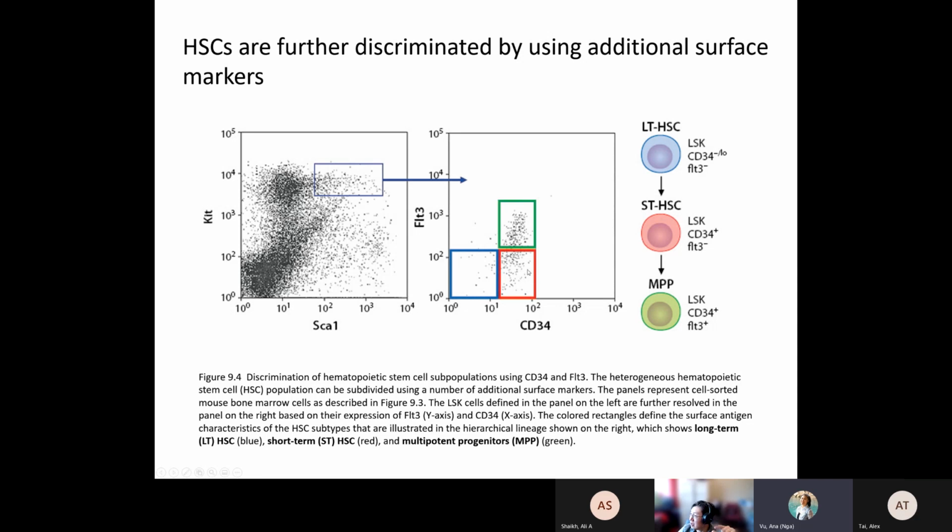And then when the cells start to gain the expression of CD34, they become short-term HSCs, but they still need to be negative for FLT3. When the cell gains positivity for both, like in the green box, now they further lose stem cell property and become multipotent progenitor cells.